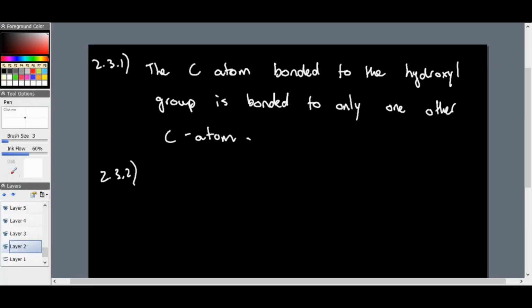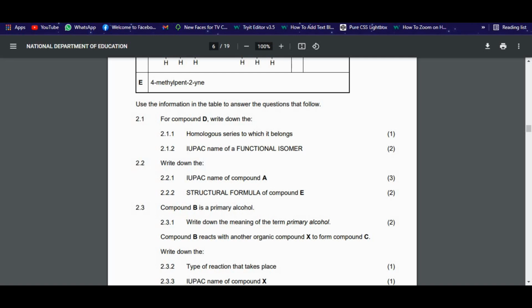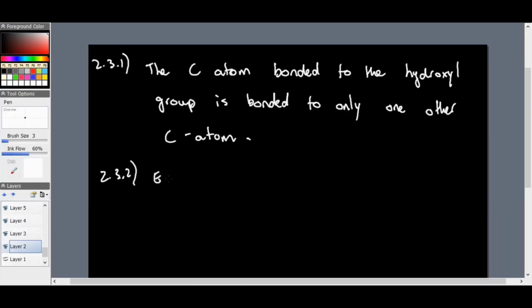Well, we can look at the group and see we've got a carbon singly bonded to an oxygen that is singly bonded to another carbon with a double bonded oxygen. So we can definitely recognize this functional group and know which homologous series this compound belongs to. So we can tell the type of reaction that takes place, and it is esterification, the process of forming an ester.